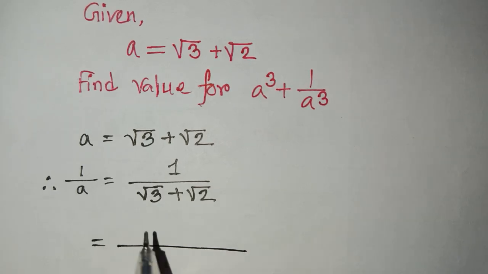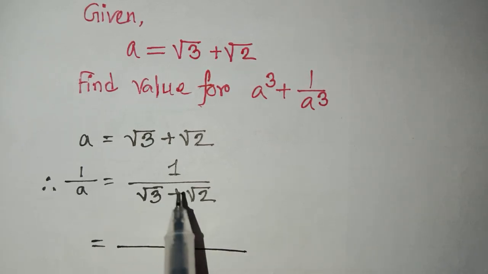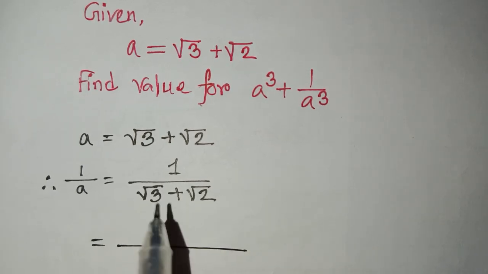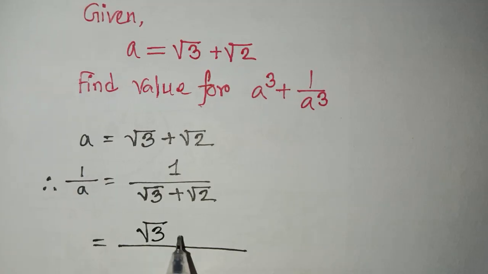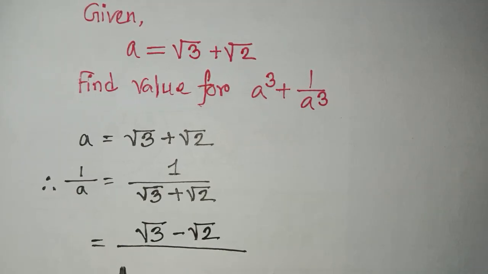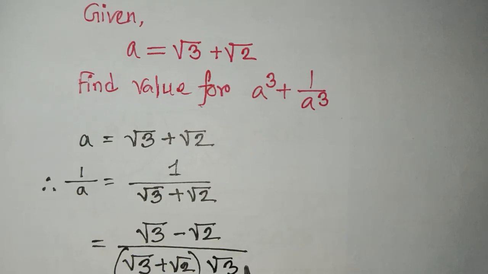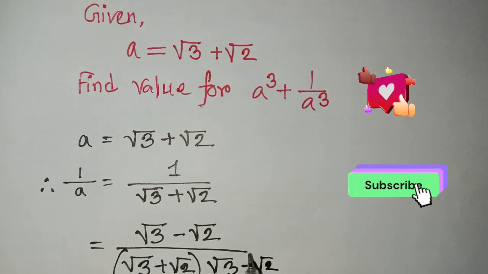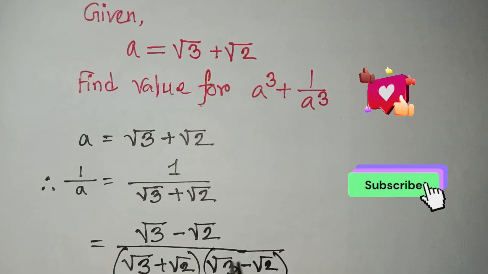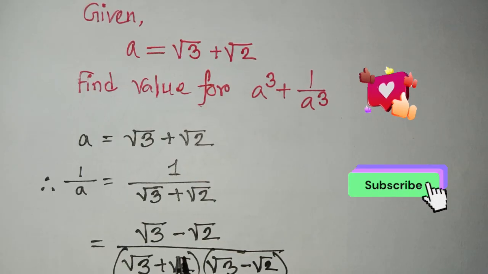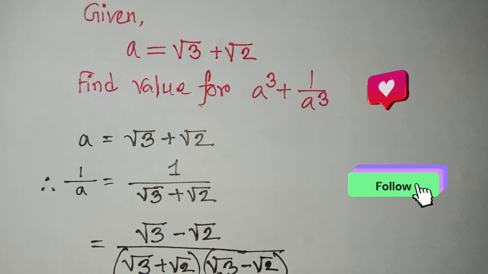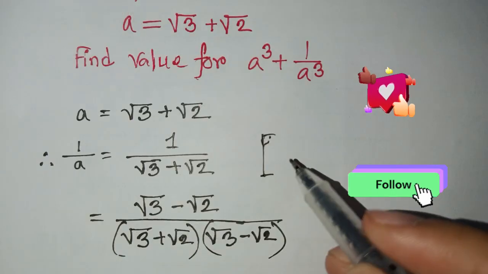Multiplying numerator and denominator by root 3 minus root 2, all over root 3 plus root 2 times root 3 minus root 2.